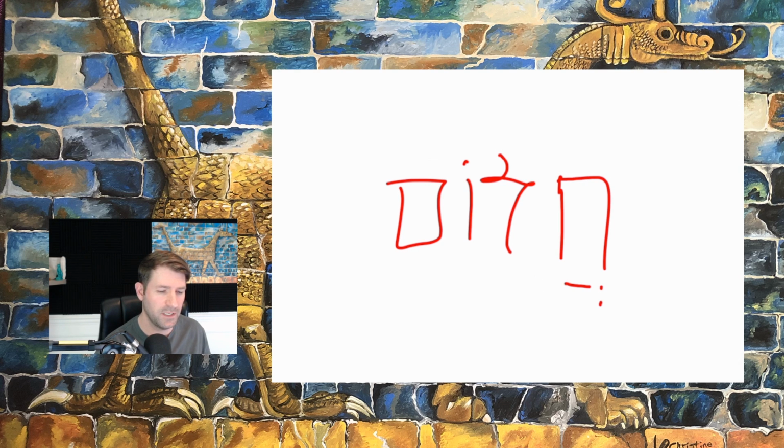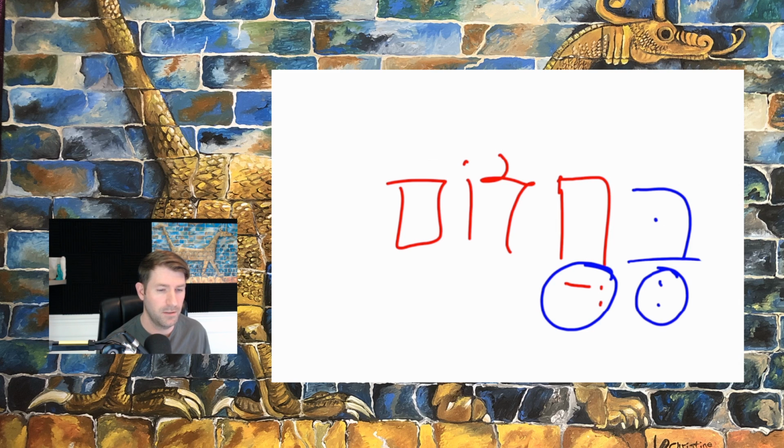But if you have one that has that composite shva, and then you put a bet there, what will happen is, instead of this going to a hirik and this going to a simple shva, this vowel sound is echoing back.